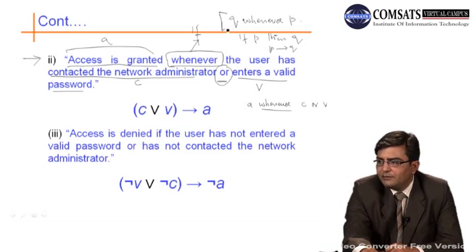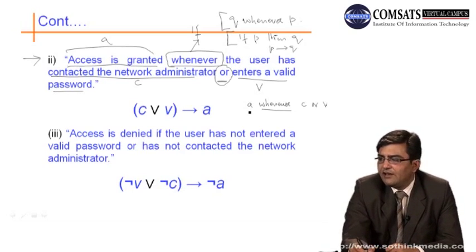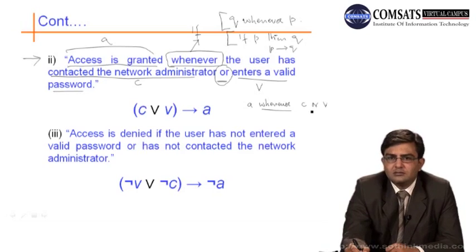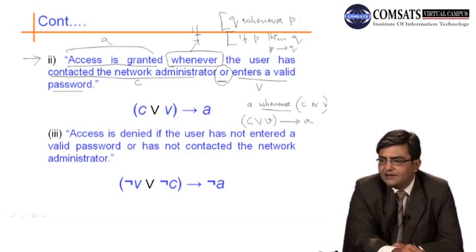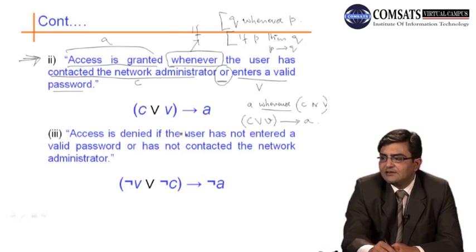Q whenever P is logically equivalent to basically if P then Q, or P implies Q. So here we have a statement A whenever C or V. I have told you that the disjunction operator has a preference over the implication operator, so we can write this in brackets, and this expression is logically equivalent to basically C or V implies A. So the given statement is written in symbolic form as this.